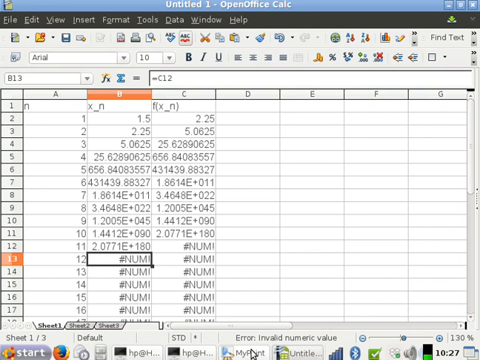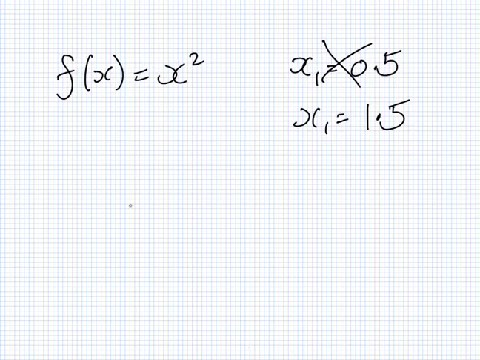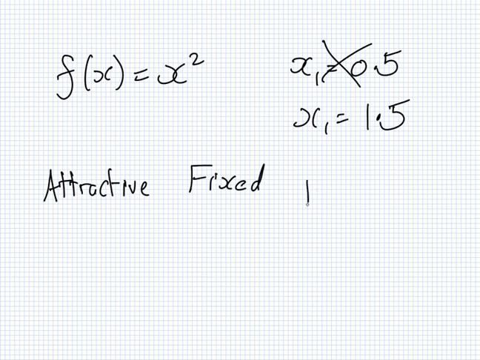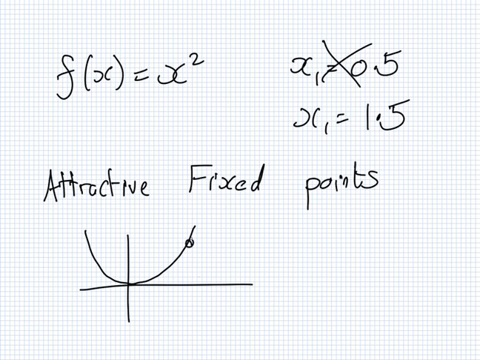But you didn't. And that's because one restriction of this method is it can only find what's called attractive fixed points. These are points which you can move in on. In the example I did with the x squared, here is one fixed point, and then here is the other fixed point.